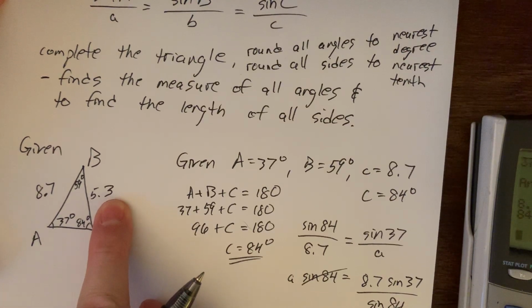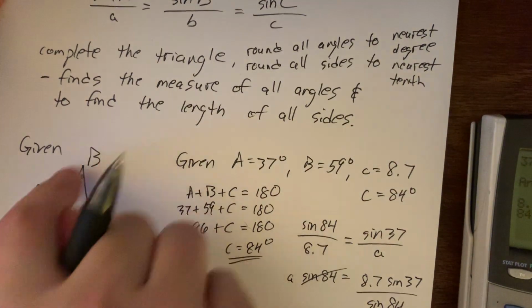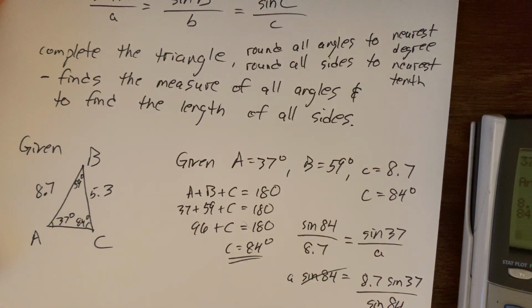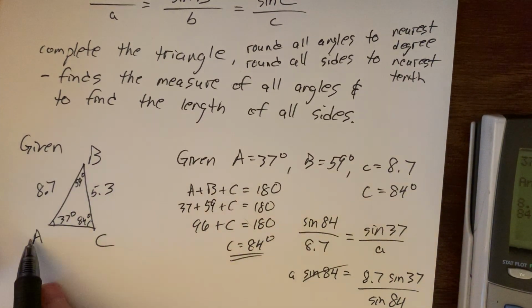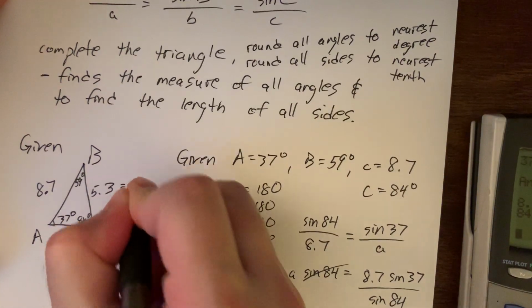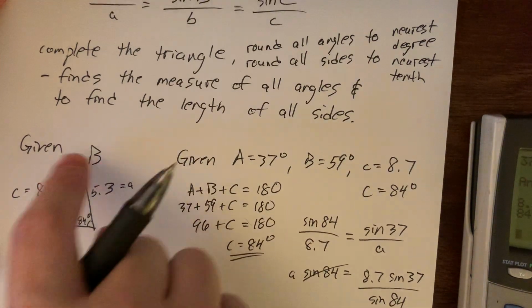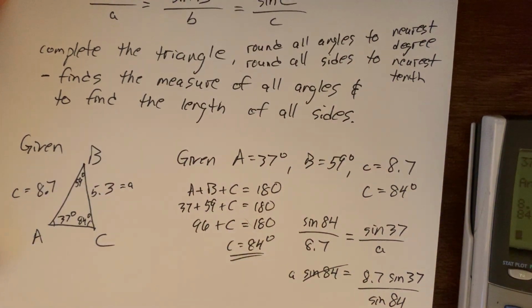Again, I didn't try and draw this to scale. These look like they're almost the same length, but they're getting very different side length values. It's just for reference, just so I could see this goes with this. If you want to label this as A and this is C, go ahead, but I could follow, as long as you have the angles labeled, then I could figure out which side is which.